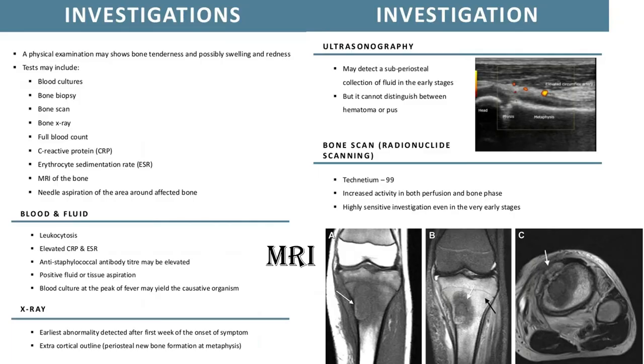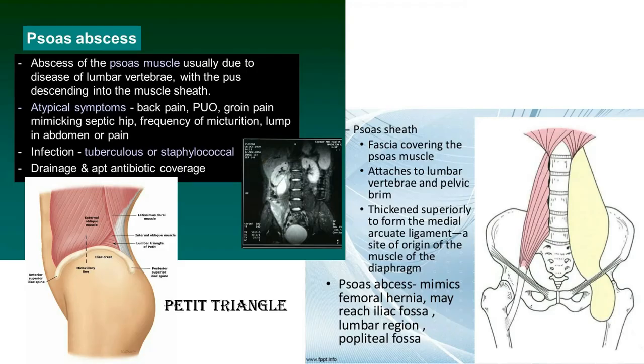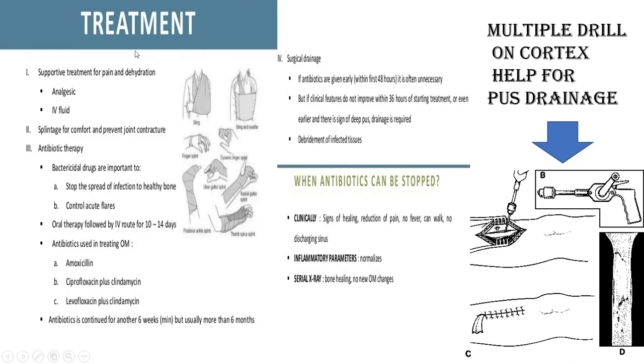Okay, and you have to take care of the general condition, like anemia. You have to correct the blood, and other things like albumin. You have to take care of that, and you have to supplement multivitamins also. Now there is a special worry regarding how many days you will give the antibiotic.